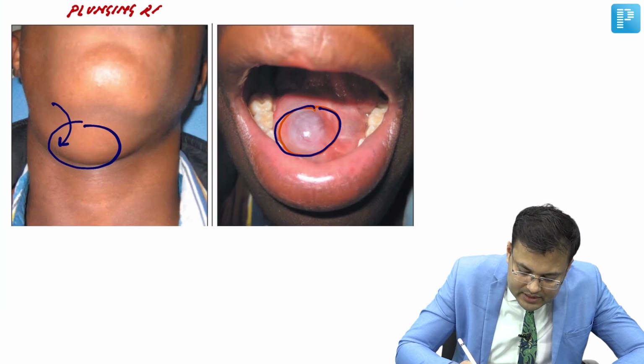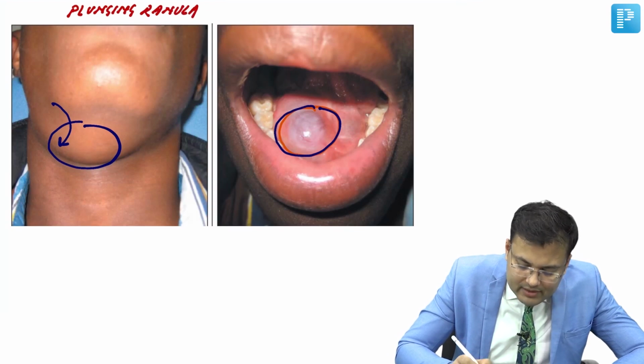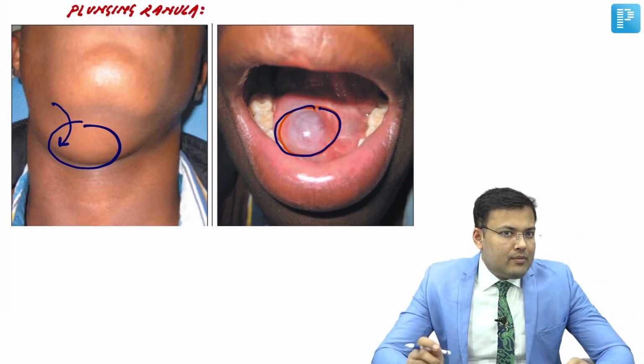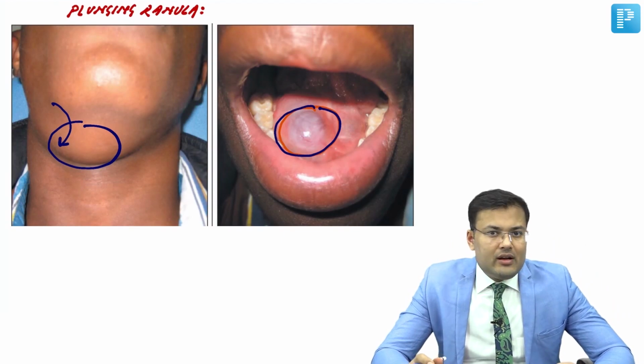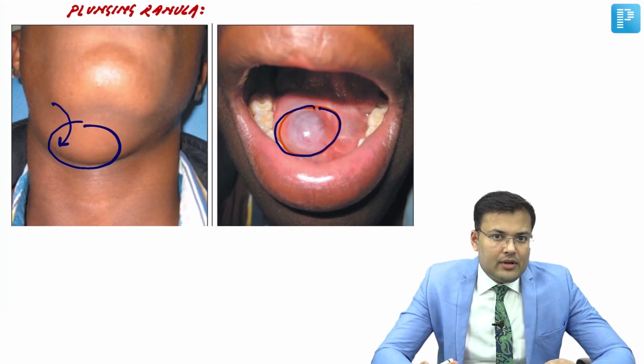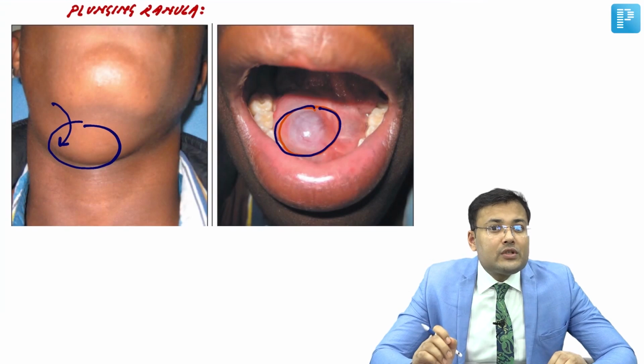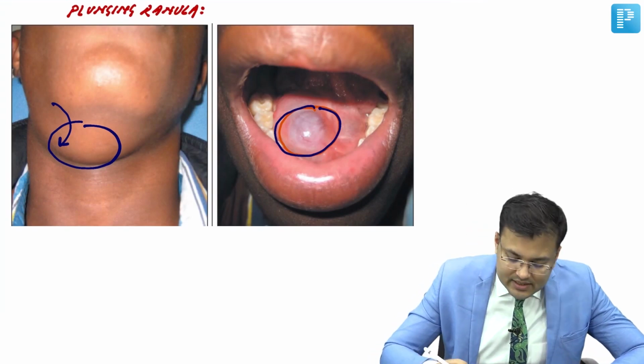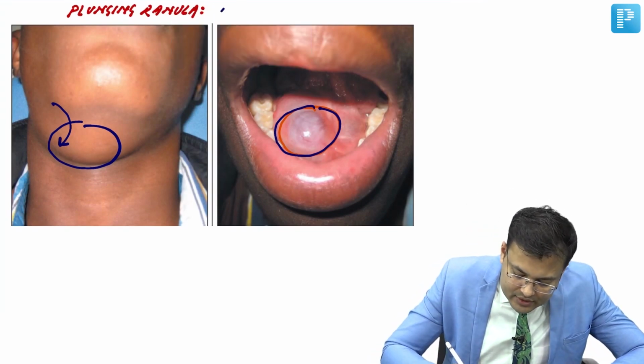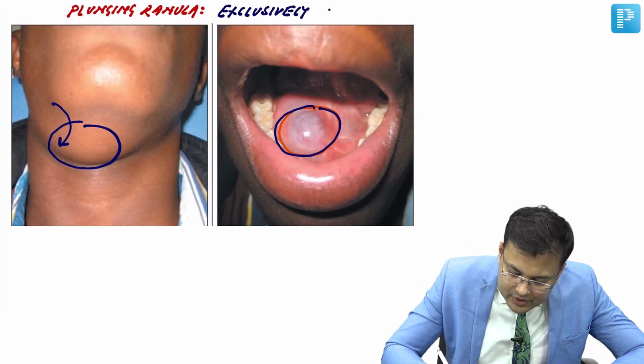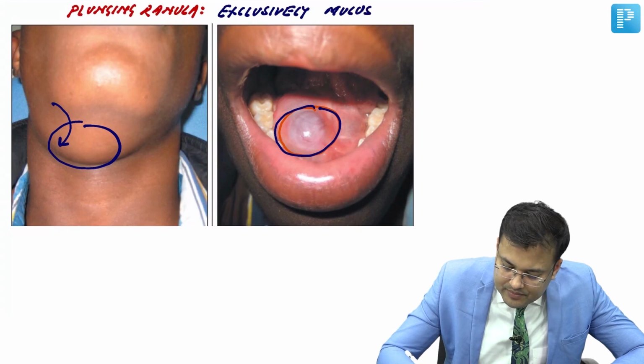Just now we discussed that ranula can be both a mucus extravasation cyst or a retention cyst. It can be both, but most commonly it is a mucus extravasation cyst, and plunging ranula is exclusively a mucus extravasation cyst.